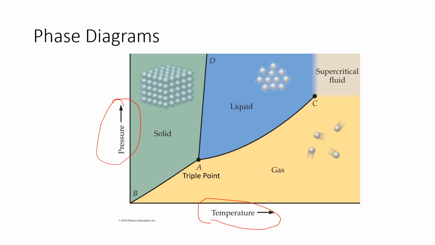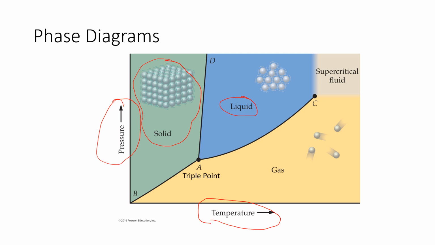Notice in this first region, the low temperature region up here, we have solid present, and the little cartoon is illustrating solid. As we move to a higher temperature, transitioning to the right, we end up in the region representing a liquid, and we've got the cartoon for a liquid there as well.